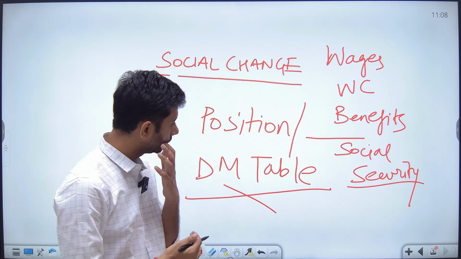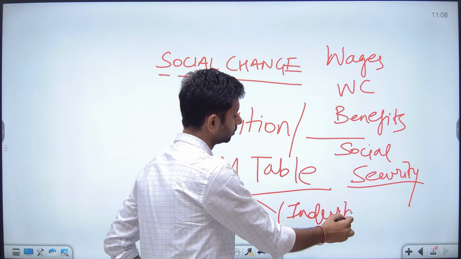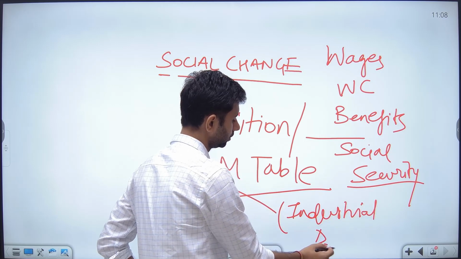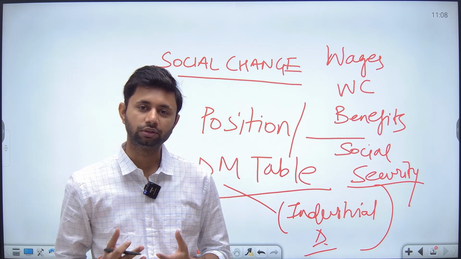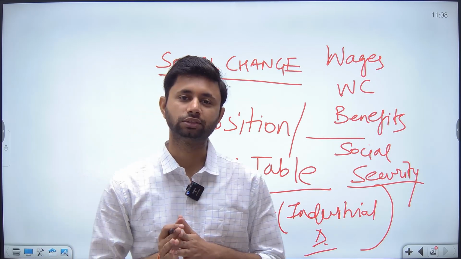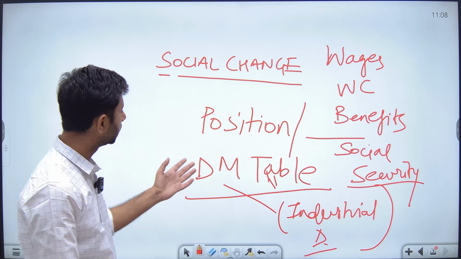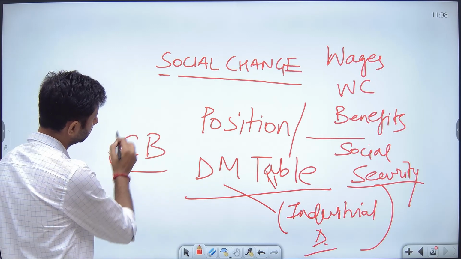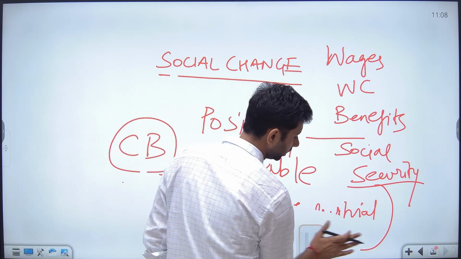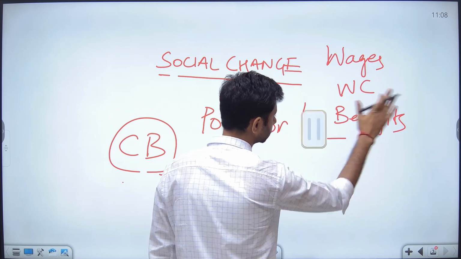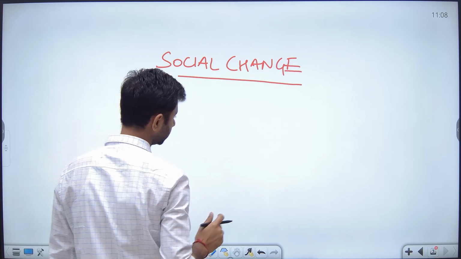So in industries also there should be industrial democracy, where if the decisions are impacting any stakeholder, that stakeholder must be consulted before any decision is taken. That's what workers want, and within that process, collective bargaining helps. That's why it is said that collective bargaining is a process of social change, because it changes the nature of workers' positions.